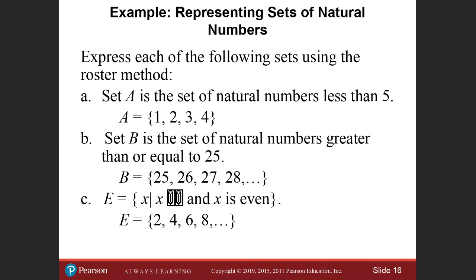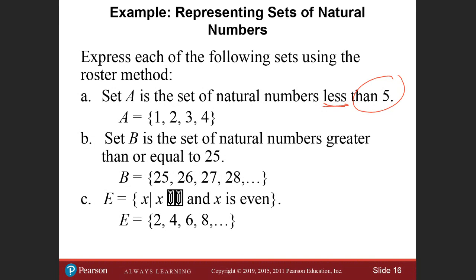Okay, so let's look at the example. So let's take the first example. Let's say you have to express each of the following sets using roster method. Set A is the set of natural numbers less than 5. So we mentioned that a while ago. I gave you one example already on this, and it says less than 5.